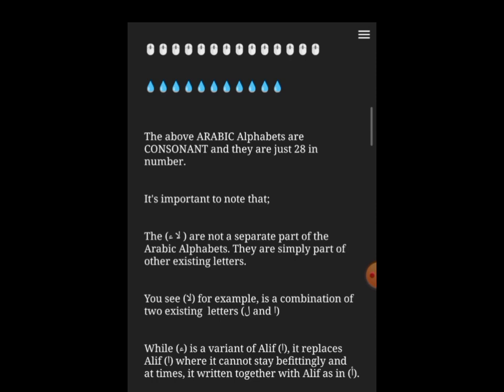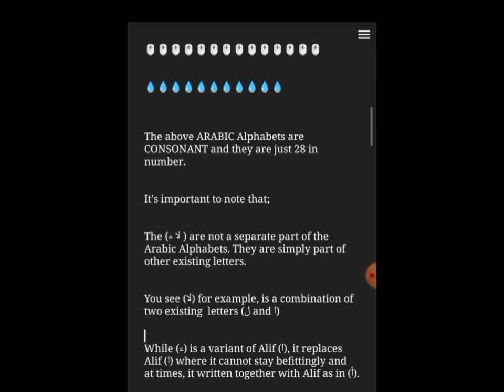The reason is this: Lam Alif and Hamza are not whole new separate letters or a separate part of the whole alphabet. They are simply part of other letters, meaning that Lam and Alif already exist in the letters. So we put them together, Lam and Alif, to become Lam Alif. So it's not a new letter. What about Hamza? Hamza is a variant of Alif, usually written together.